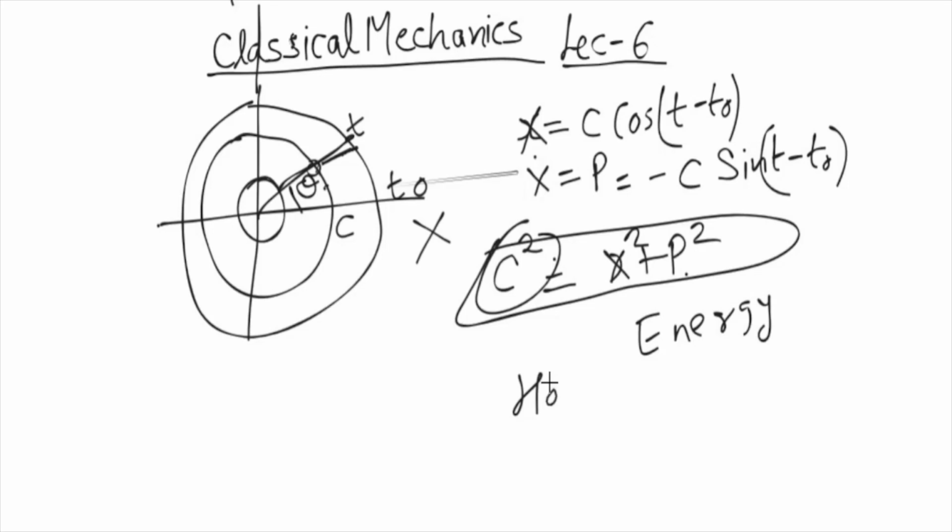How is it called energy? We can say that if we take c square as x dot square, because p is equal to x dot, we can write c square is equal to x dot square plus x square. In place of p square, what can you write? x dot square plus x square.